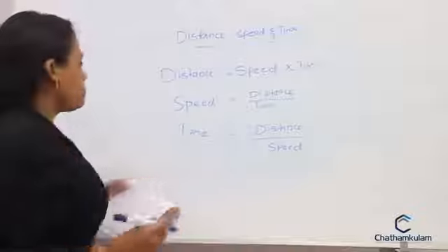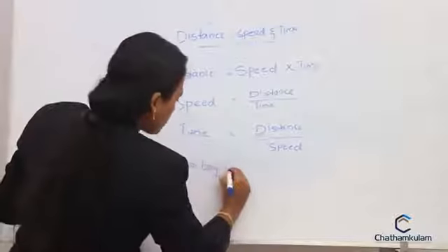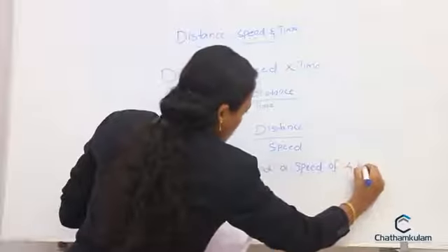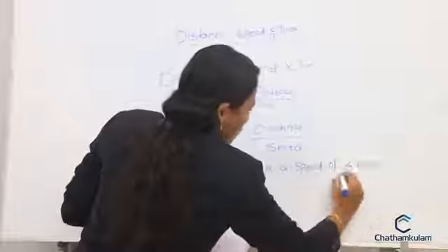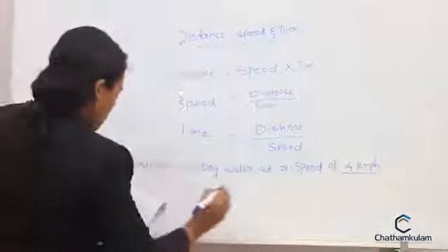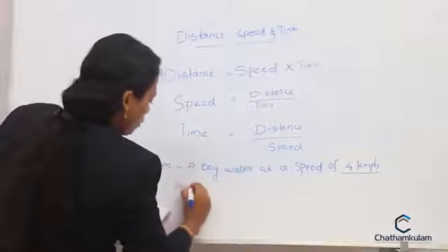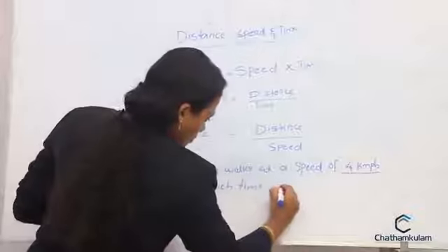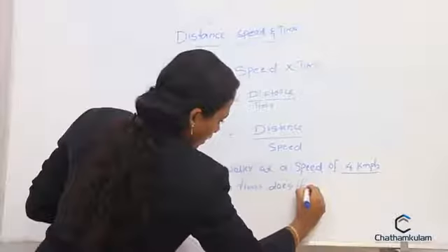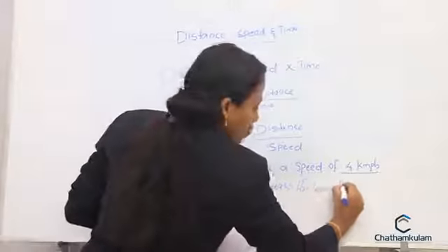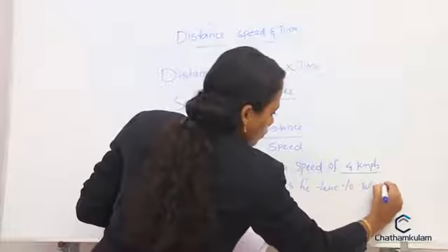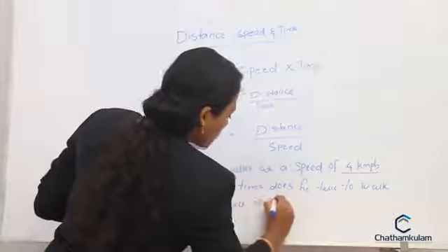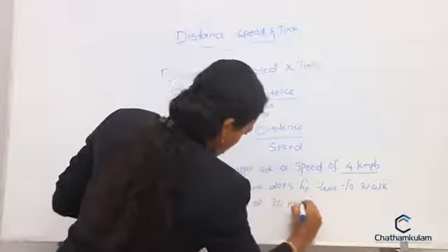So first problem: a boy walks at a speed of 4 km per hour. Just underline that, 4 km per hour. How much time does he take to walk a distance of 20 km?